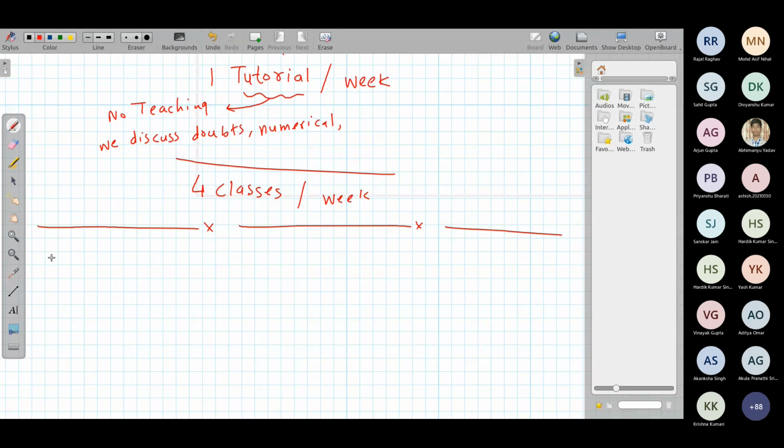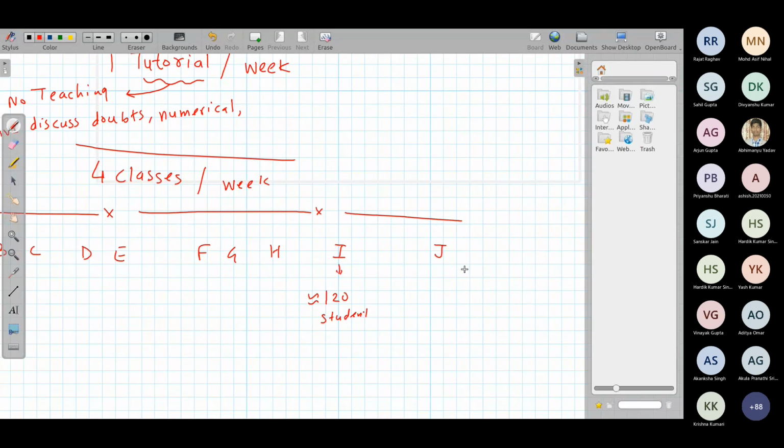Actually, there are total 10 groups in BTech from A to J: A, B, C, D, E, F, G, H, I, J. And in each group, let us say in your group, there are approximately 120 students. So the rough estimate of total BTech first year students is around 1200.